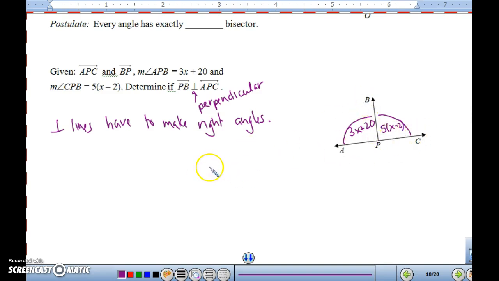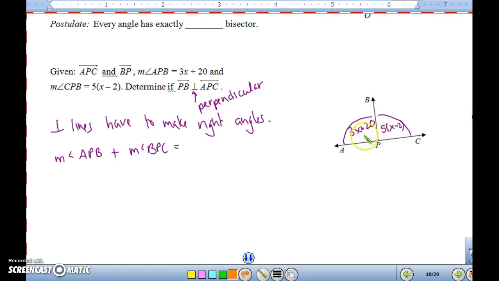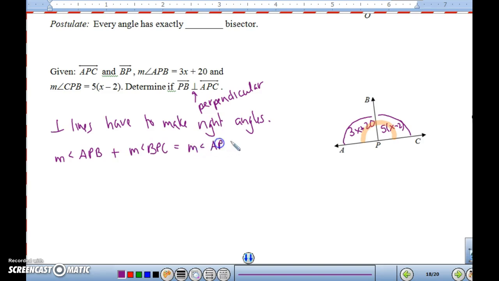Well, how are we going to do that? We don't know if they're 90 degrees, so we can't say they are. However, if you put them together, what angle do they make? The measure of APB plus the measure of angle BPC together make the measure of angle APC.